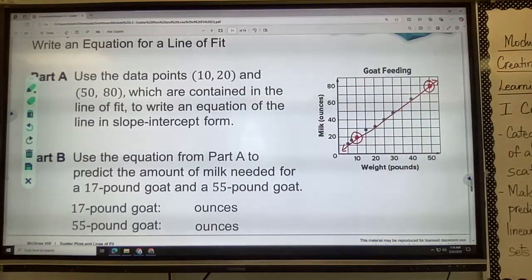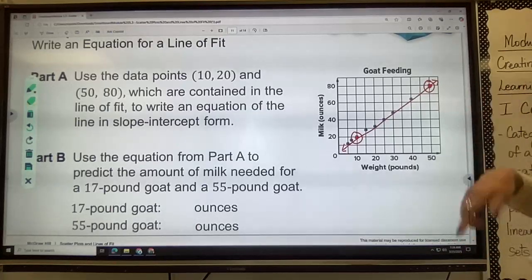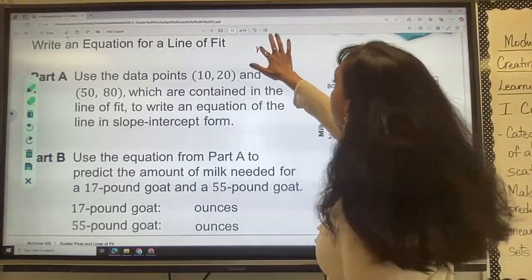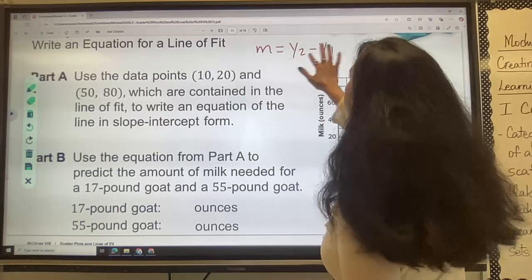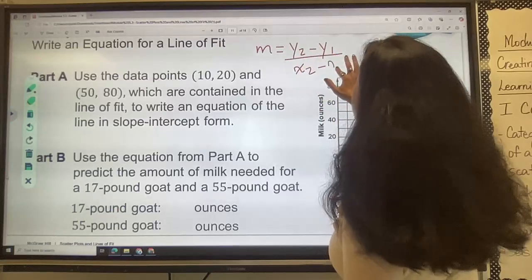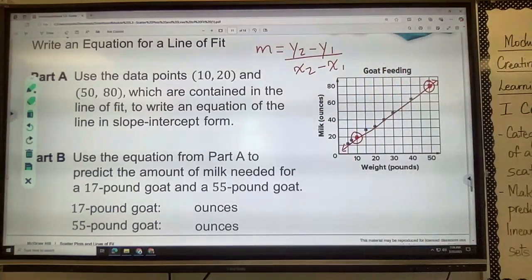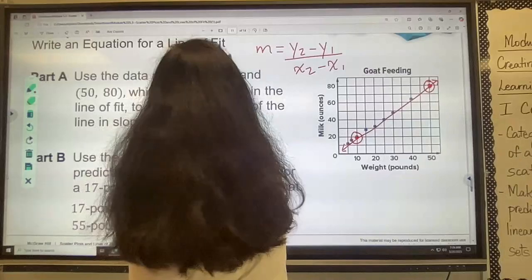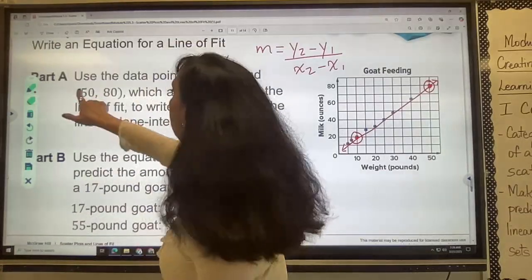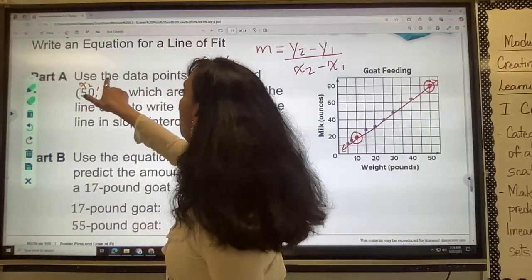Okay, so what's the first thing that I need to do? I need to find the slope. So m, which is slope, is y2 minus y1 over x2 minus x1. Okay, so this is x1, y1. This is x2, y2.